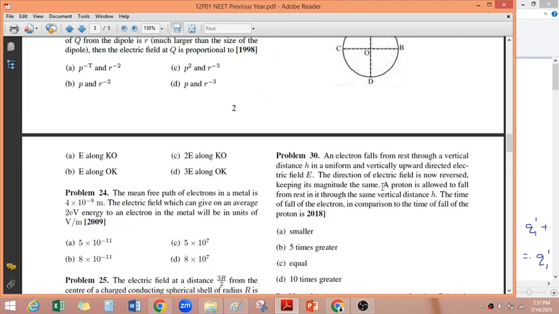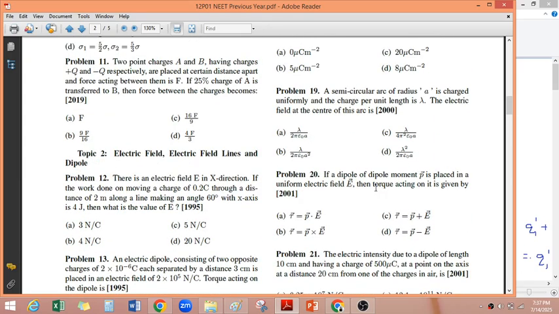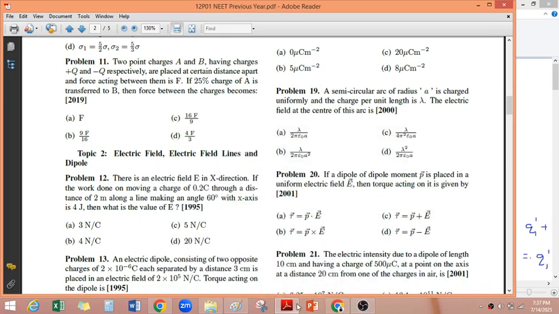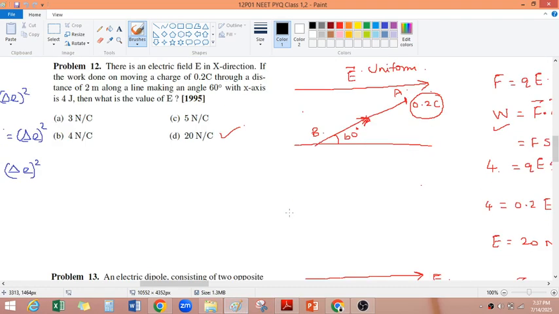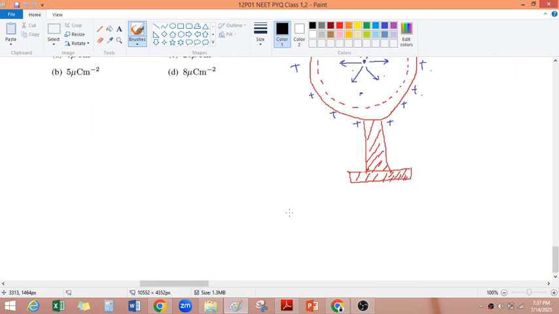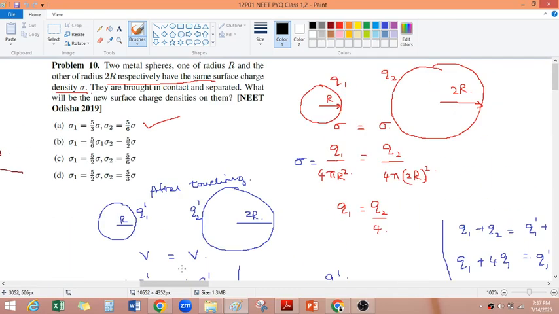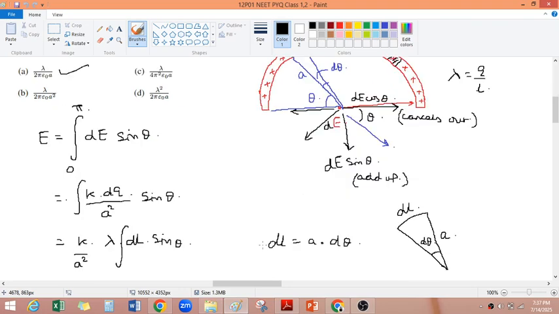Okay, so I think we will get started with question number 19. Maybe we already did it in the last class, right? Let's see. Question number 18 is here. 19, where is it? Yeah, question number 19.